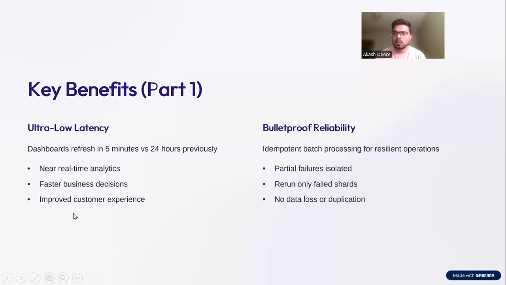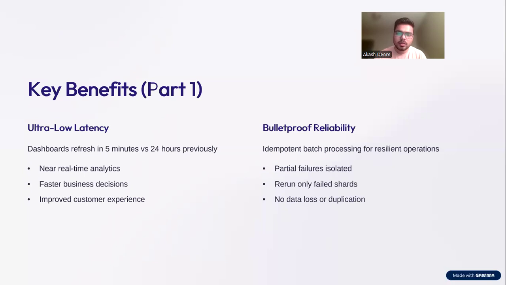Customers also feel satisfied because, as the data gets refreshed every few minutes, they can always get the latest version of the data. So it is very satisfying for the customer.